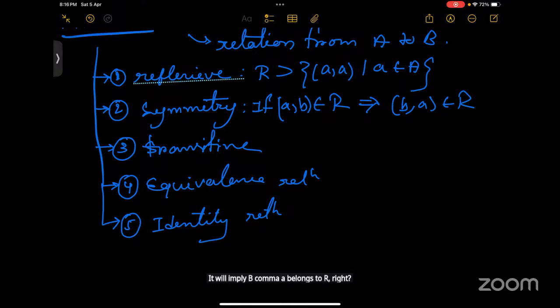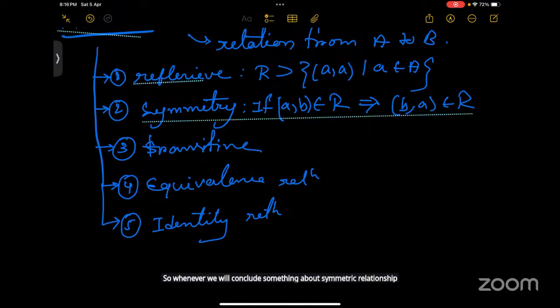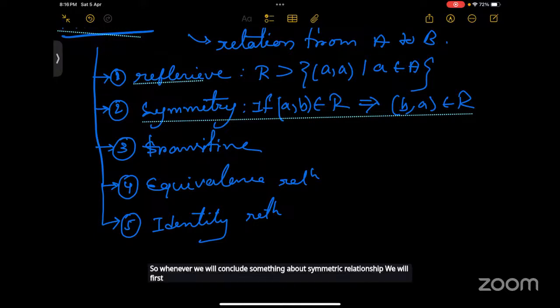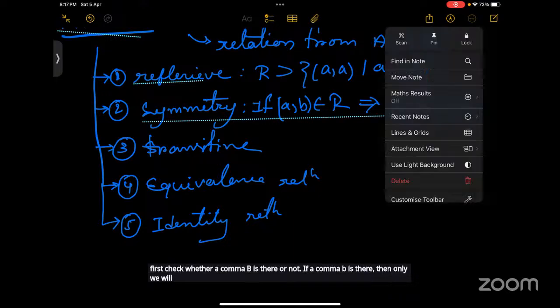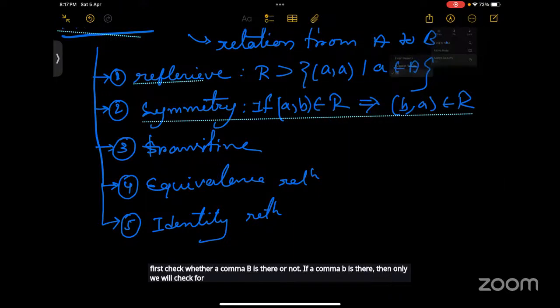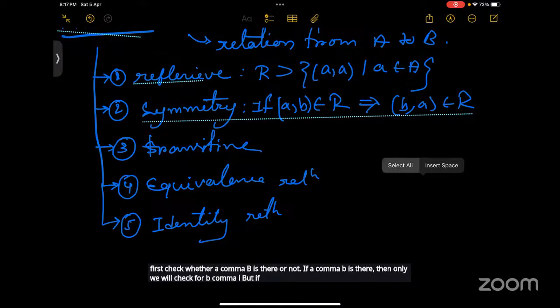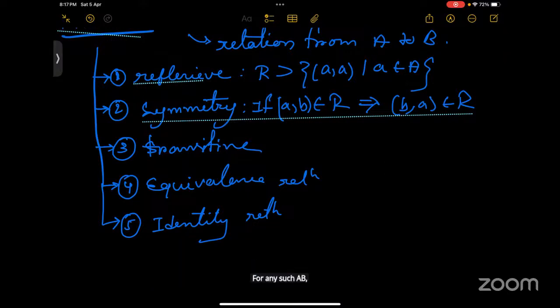So whenever we conclude something about a symmetric relation, we will first check whether (a, b) is there or not. If (a, b) is there, then only we will check for (b, a). But if (a, b) is not there for any such pair, then this is not our concern. In that case, the relation will be automatically symmetric.